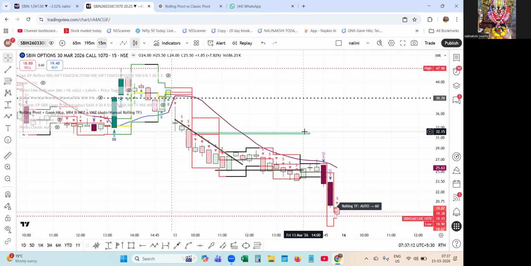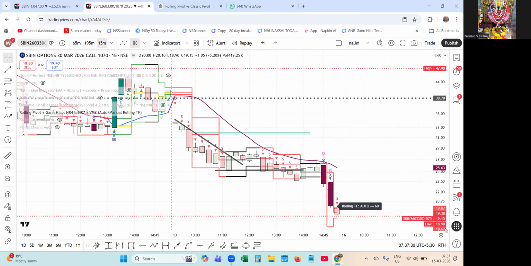You will hope that a reversal may come. Even here also you will think that it is a reversal, and you commit a mistake. These are the areas where you make mistakes. This rolling pivot will prevent you from doing this. See, that is the beauty.